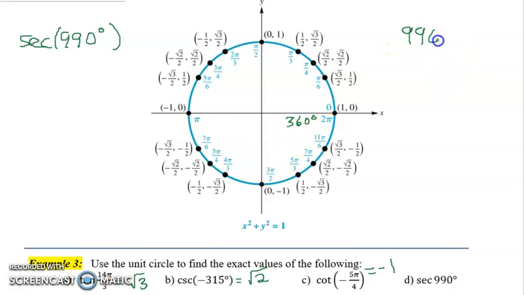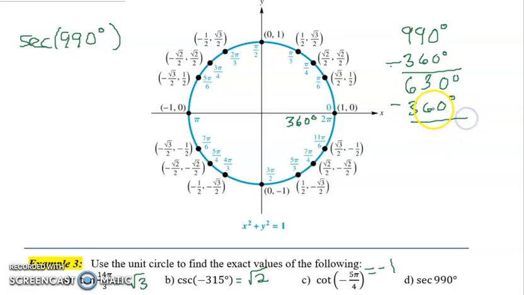So if you take 990 and subtract one full rotation, 360 degrees, that's going to give you 630 degrees, which is still bigger than 360 degrees. So we need to subtract 360 degrees again. If we do that, what do we get? 270.